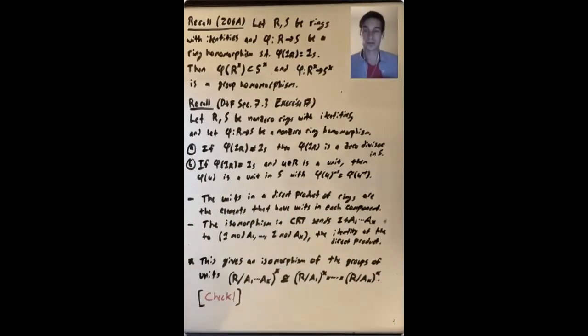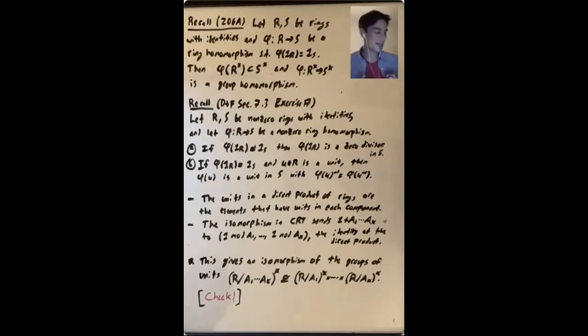And in the case where all of your ideals, A1 up through AK, are pairwise comaximal, you get this isomorphism from R mod the product of the ideals to the direct product R mod A1 cross R mod A2, and so on. It really does send the identity of the first ring, 1 plus A1 times AK, to the identity of the direct product, 1 mod A1, 1 mod A2, 1 mod AK. You can check that this statement really is true.